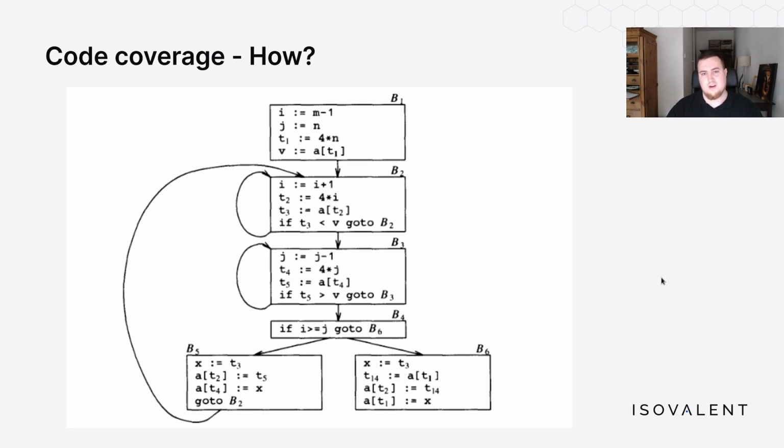This is a diagram of basic blocks where all of the code, or instructions, within a block execute together. And then we can say, okay, we know that if we hit block 1, then we can color all of those instructions, or all of the lines associated with that block, green in our overview.